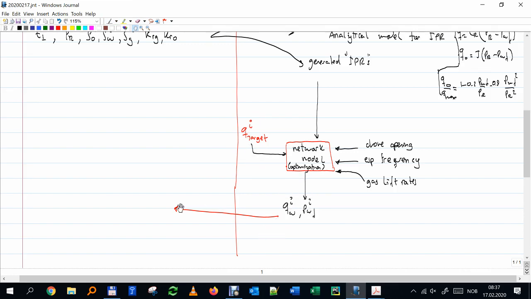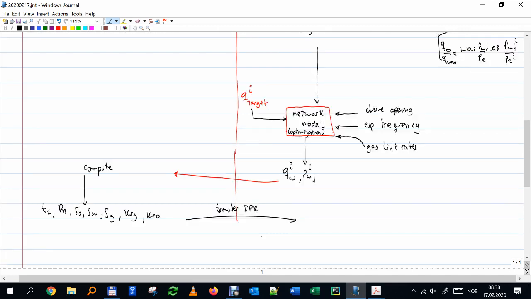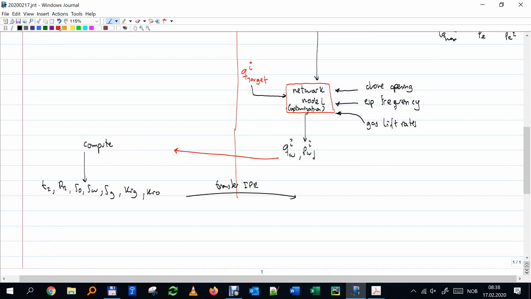Okay, I bring them back to the reservoir model and I compute the time step T2, okay, PR, SO, SW, SG, and then everything is repeated once more, okay, for the next time step. Okay, and let's say here and repeat.